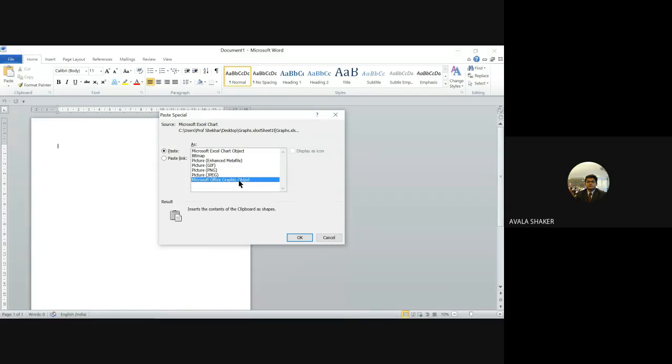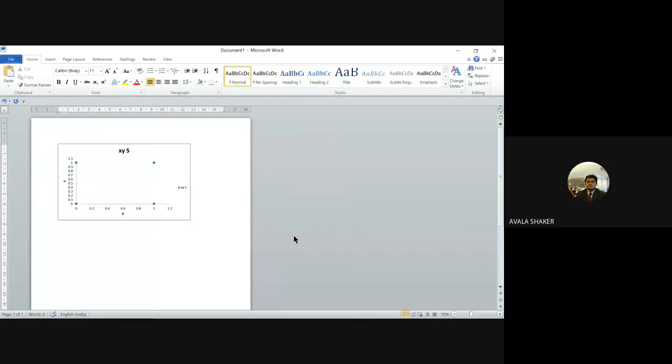Here you have different formats to be pasted. You can choose a PNG file and paste it. So even if by default your Word document has some resolution issues, you can fix that. But don't just copy and paste it, because the resolution is lost.